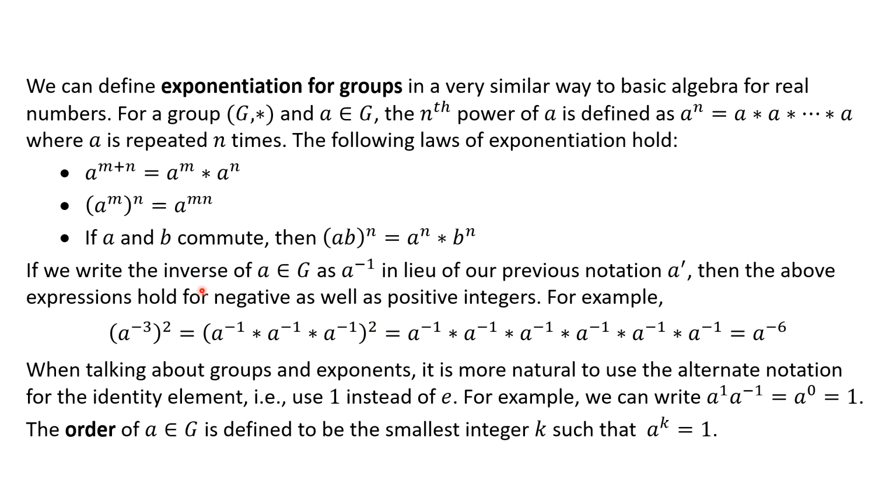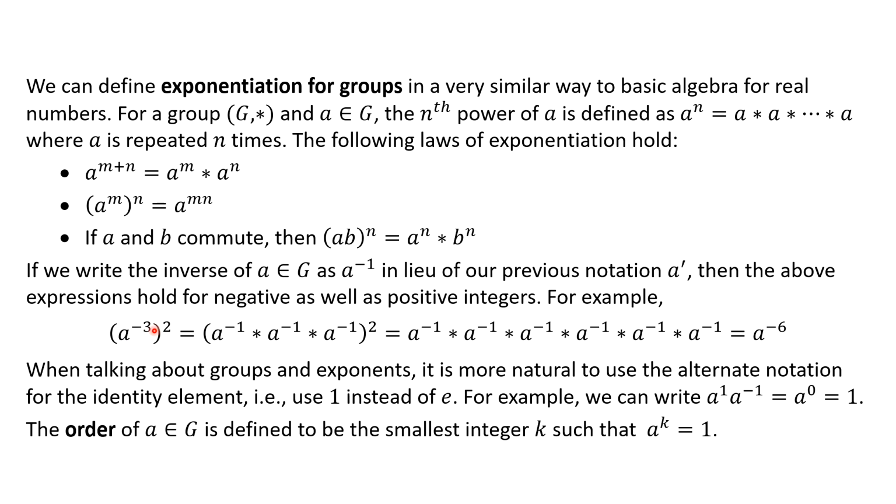If we use an alternate notation for the inverse of A, written this way here, rather than our other notation, then we can write some formulas related to the powers here. So this is kind of making the case for using this notation as opposed to this notation. Just to give you an example, and again, this is what you would be familiar with from high school algebra, but it holds in this more general setting.